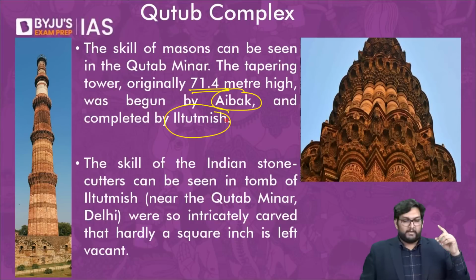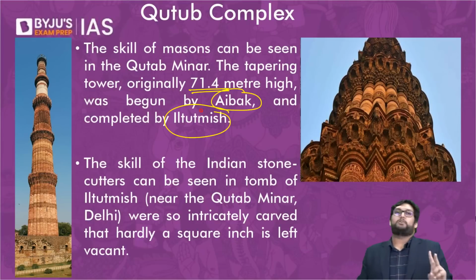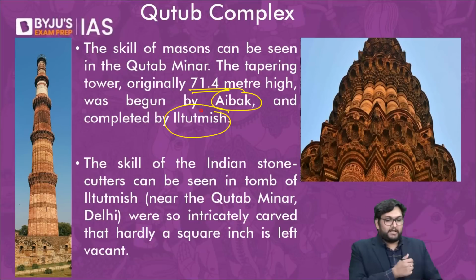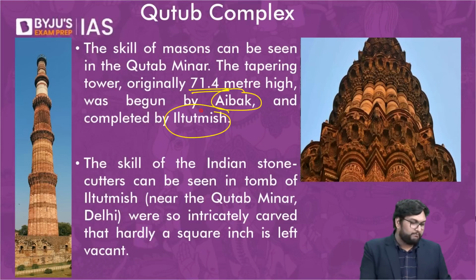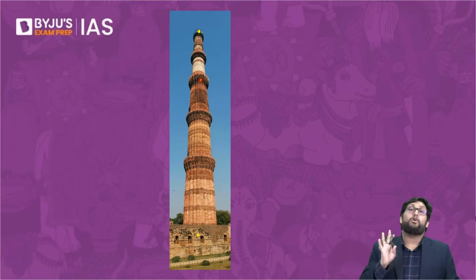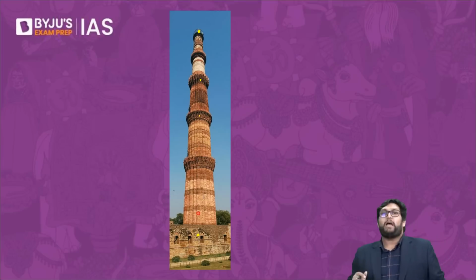Now, the Qutub Minar has two very important features. One, if you stand at the bottom and look up, there are 1, 2, 3, 4, 5 floors with 4 balconies. Now, if you have a balcony, it should obstruct your vision.